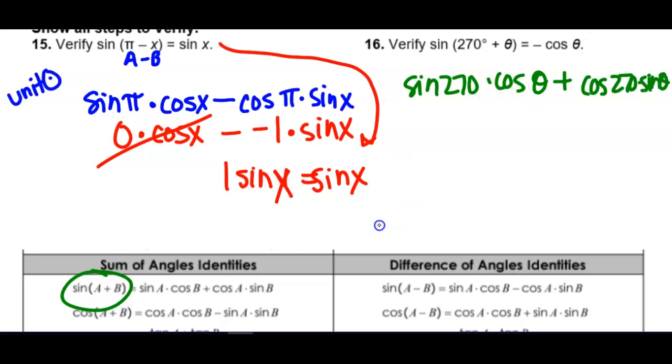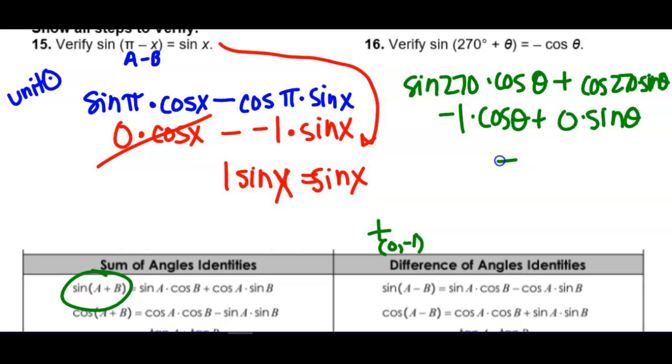Okay, the ordered pair down at 270 is 0, -1. So you'd have -1 times the cosine plus 0 times the sine, which would be negative cosine, which is this right-hand side up above. Easiest proofs ever. Love them. Okay.